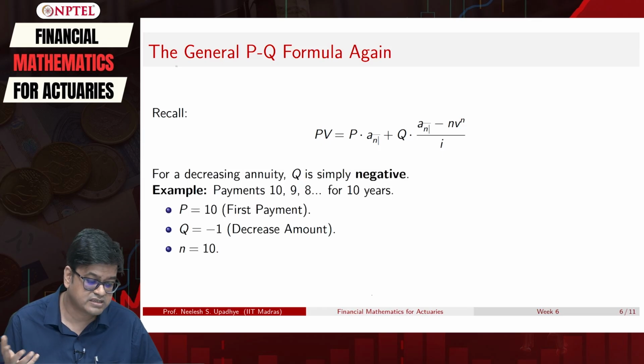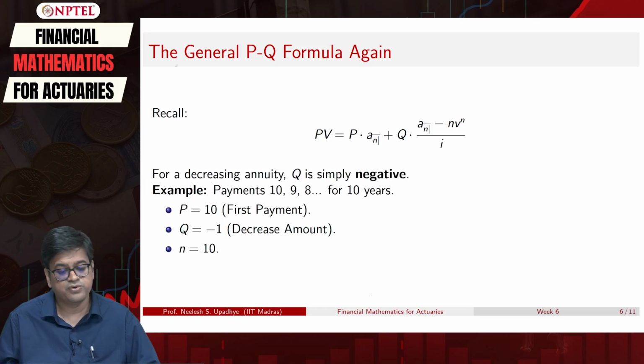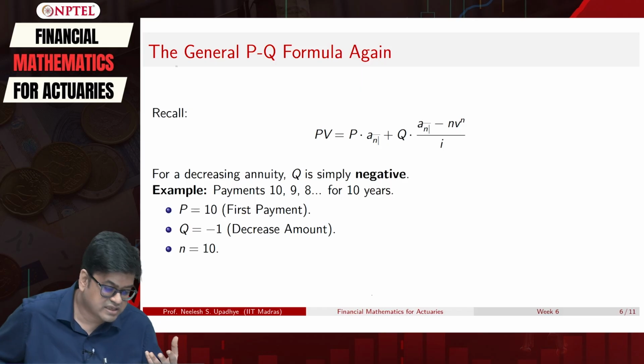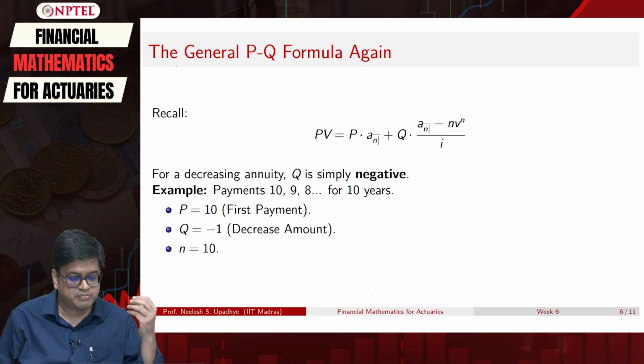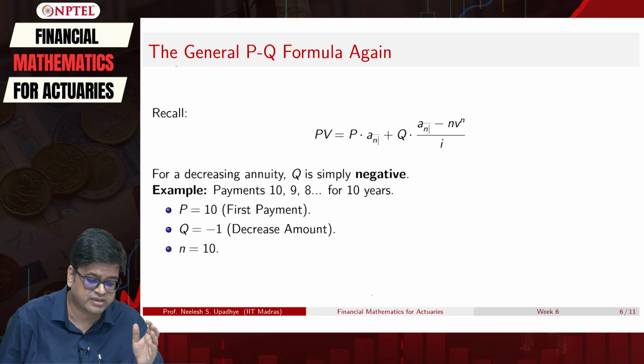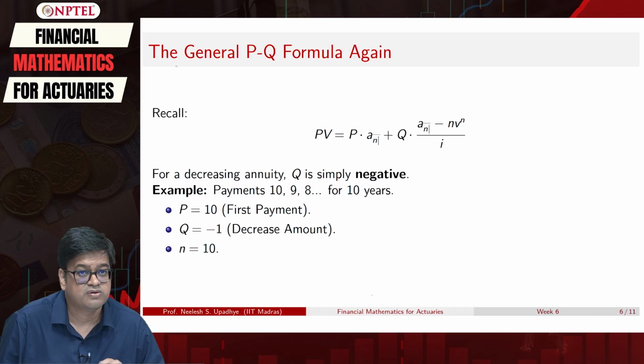So I will illustrate this with one use case. If Q is taken as a negative number, then in the example we have payments of 10 and then Q is taken as -1, then 10, 9, 8, 7, 6 up to 1 for 10 years, right. So that is how we are decreasing the amount.